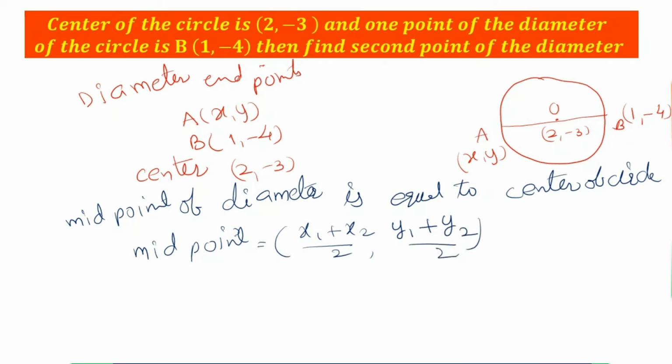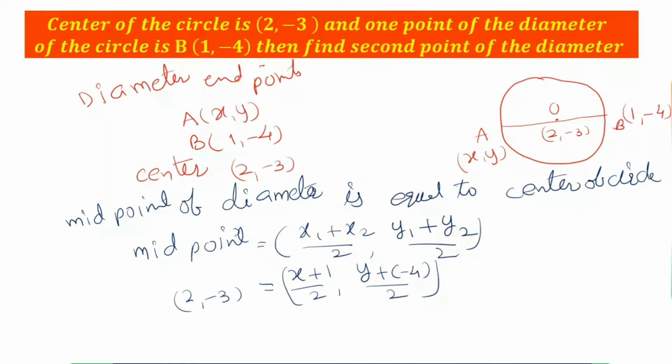Substitute the values: (x plus 1) by 2, (y plus -4) by 2 equals (2, -3). Here observe the LHS and RHS. On the LHS, 2 and -3 are the coordinates. On the RHS, (x plus 1) by 2 is the x coordinate and (y plus -4) by 2 is the y coordinate. If two ordered pairs are equal, then their x coordinates are equal and their y coordinates are equal.